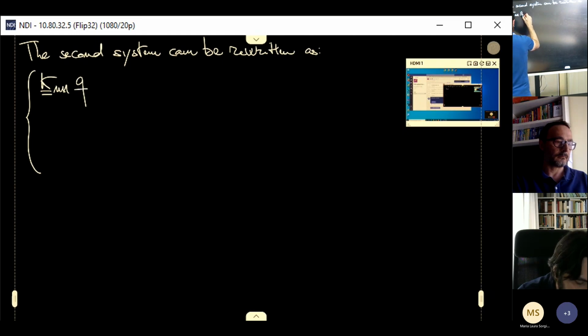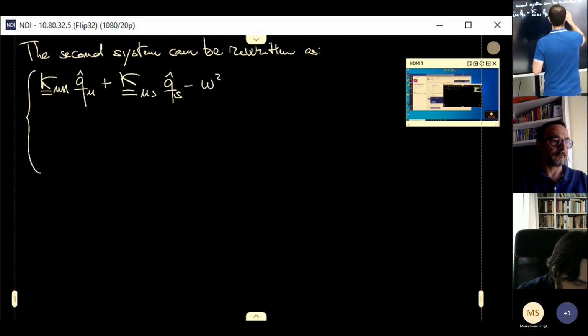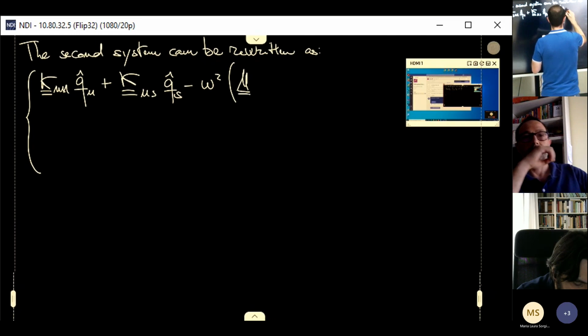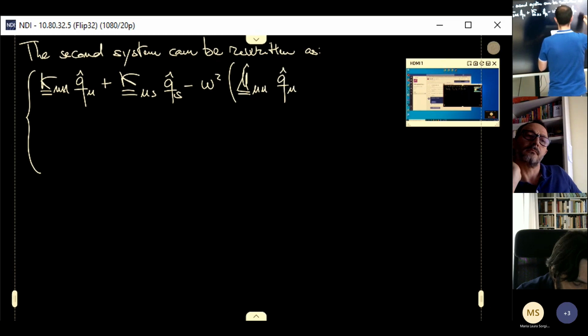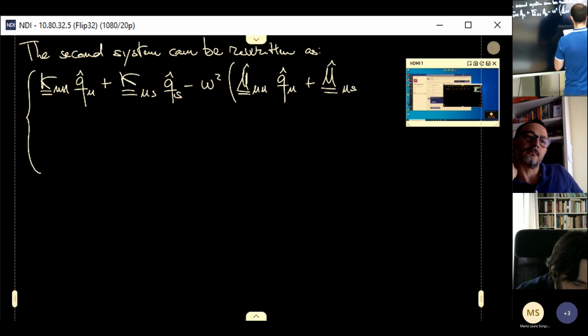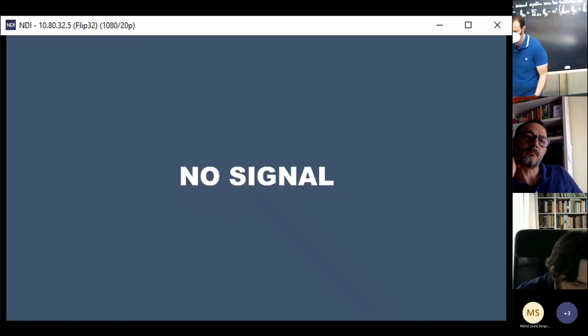K_MM operating over Q_M overhead plus K_MS over Q_S overhead minus omega to the second operating over M_MM times Q_M overhead plus M_MS Q_S equal to F overhead.